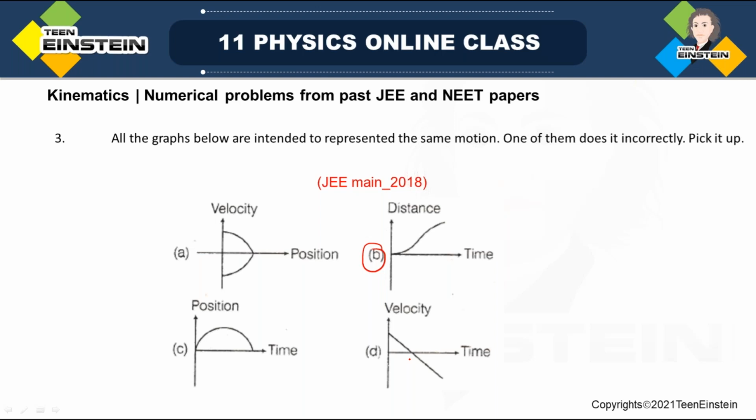So option B will be the correct answer. I hope I have given you enough logic why this is odd or wrong, because all the others are representing vertical motion.